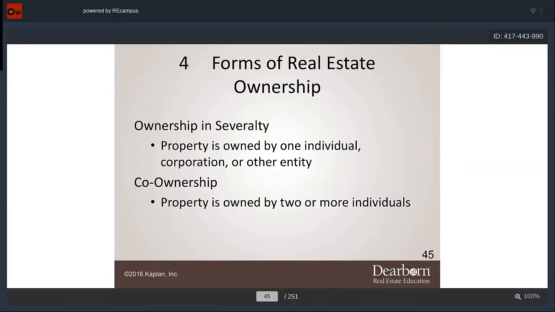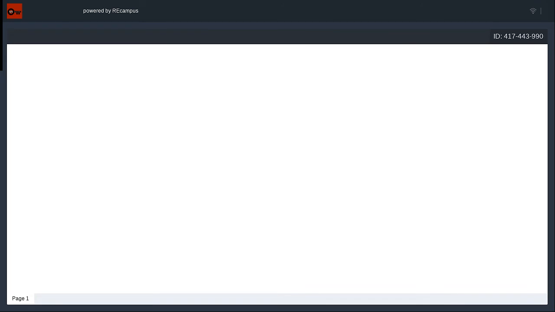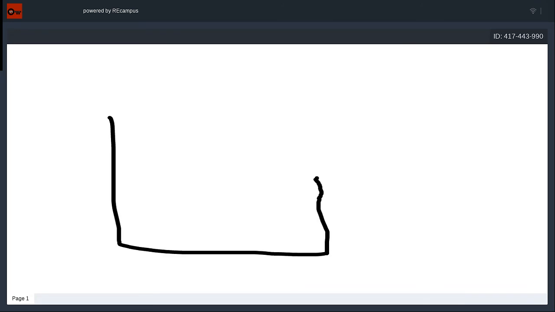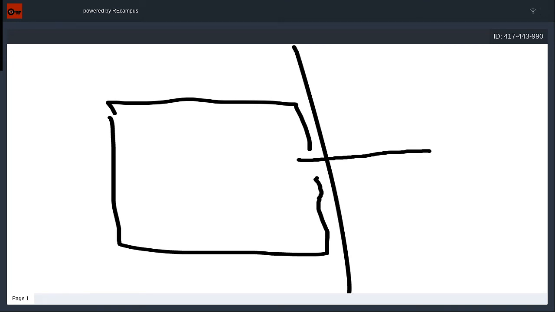An LLC. Okay, let me give you a visual. Here is the corporation, and this is the front door. When the money comes into the corporation, as it crosses the threshold, it gets hit with the corporate tax. This is before income taxes are paid.